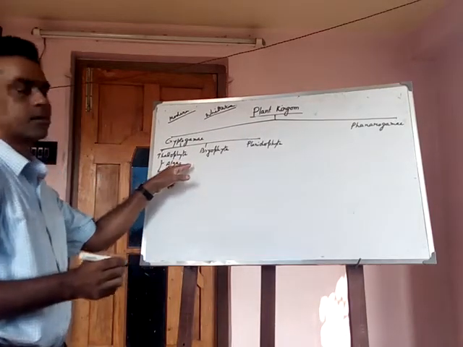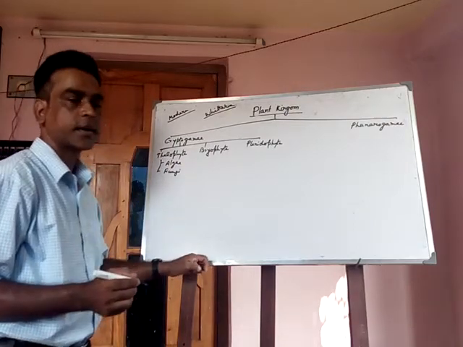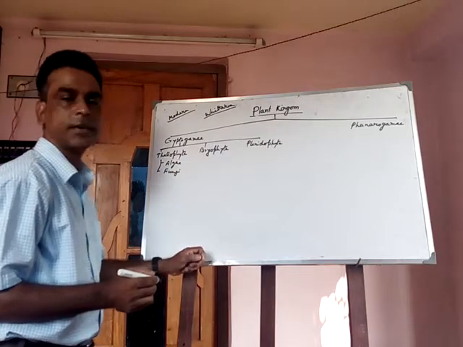Algae have a thallus type of body that is either unicellular, multicellular, or filamentous.